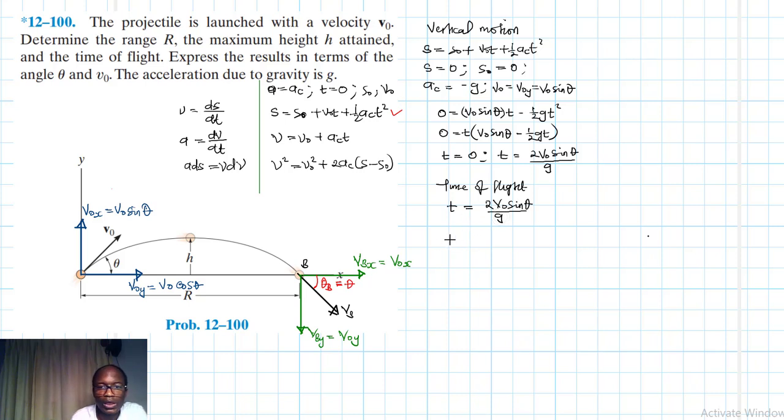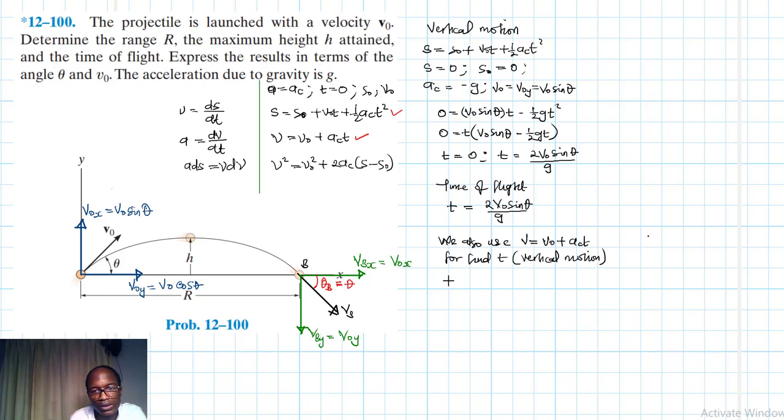We can also use v equal to v naught plus a_c t to find t. Again, we are using vertical motion, so let's do that. We want to try out the same using this equation.